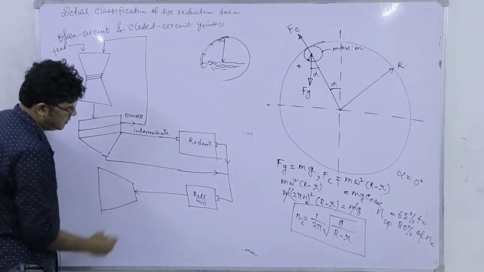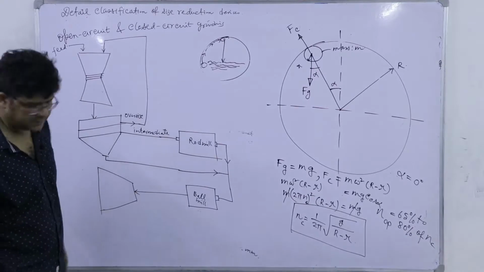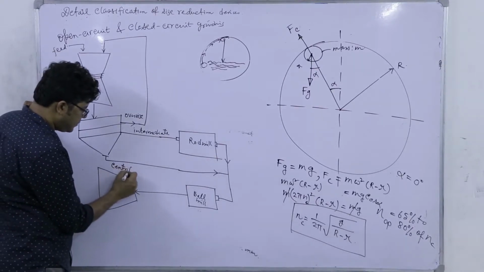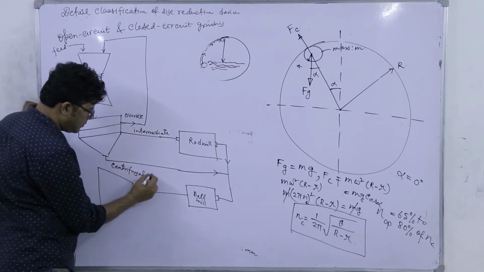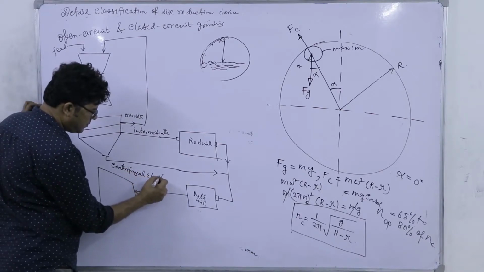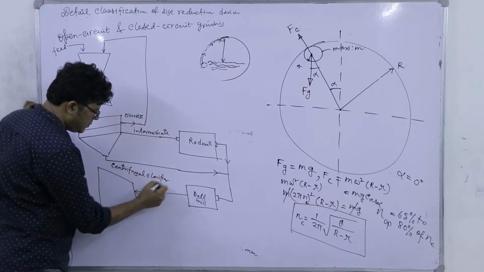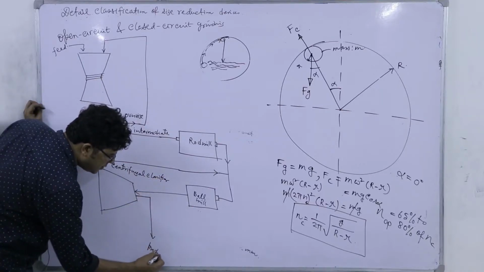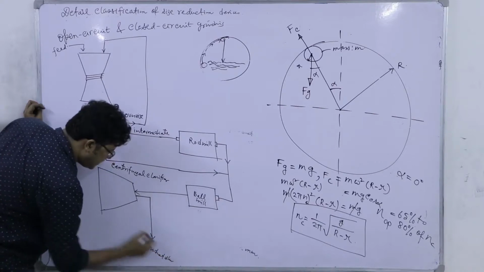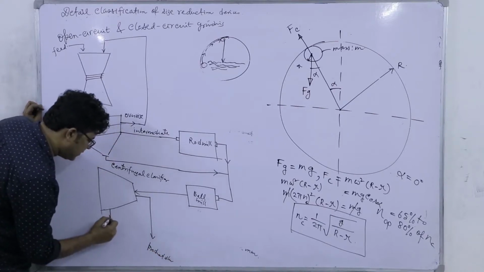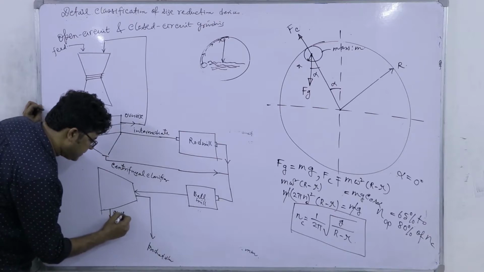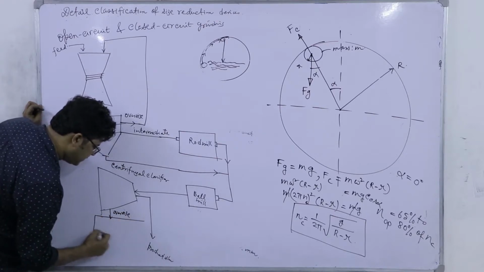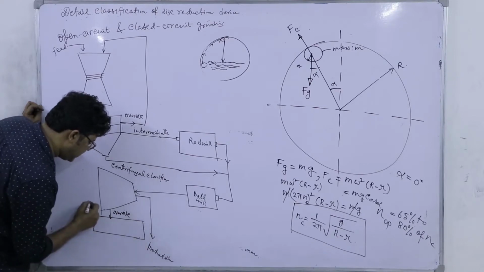The product of the ball mill will be fed to a centrifugal clarifier. And we will get the product slurry here, and the oversize will be repulped, because the ball mill is doing wet grinding here.